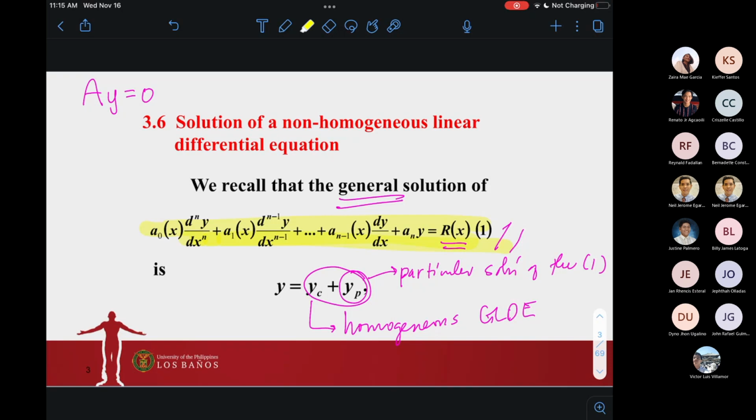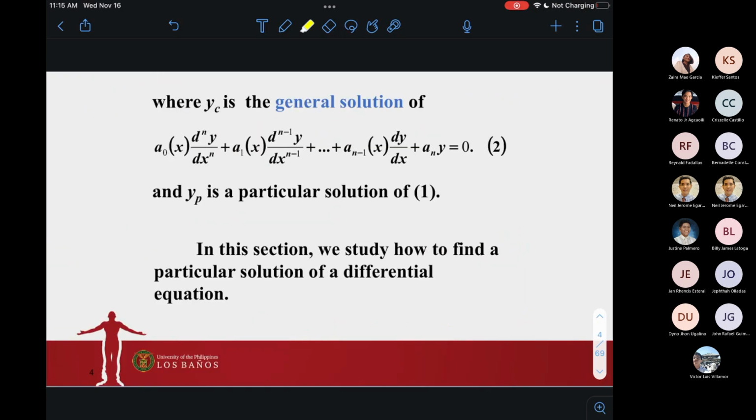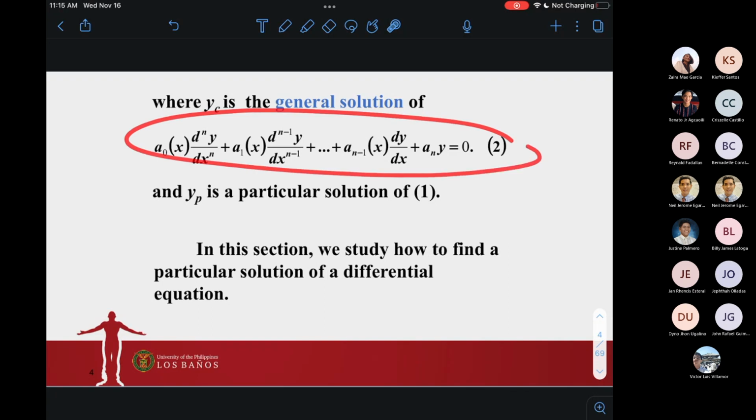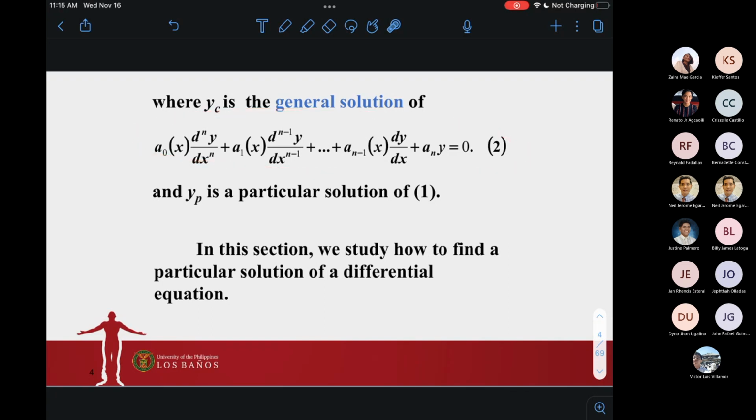So just go back there kung bakit nga ba ganito yung itsura ng solution. Okay? But essentially, that's it. So in section 3.5, we learned how to find the general solution of the homogeneous GLDE given in equation number 2. So magfo-focus tayo ngayon kung paano mag-solve ng particular solution.